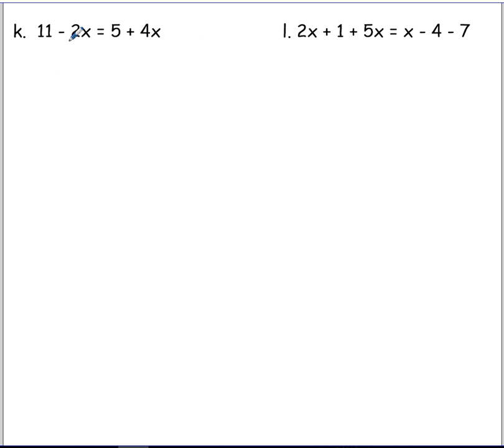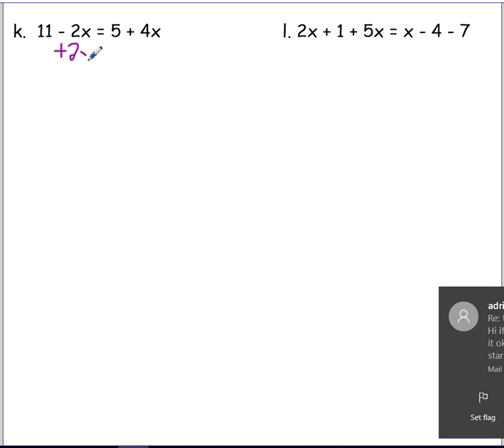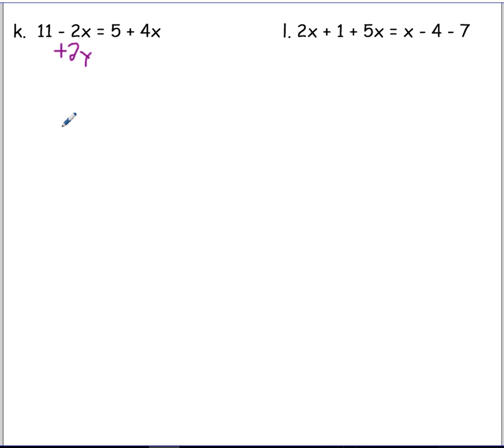My minus 2 is smaller than my plus 4 on my coefficients, and so I'll get rid of my negative 2 since it's smaller by adding 2x. Plus 2x on the right-hand side as well.